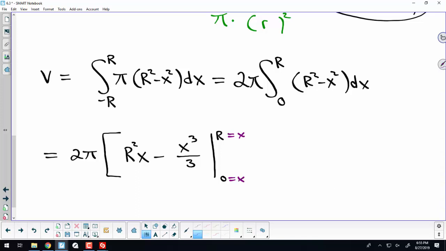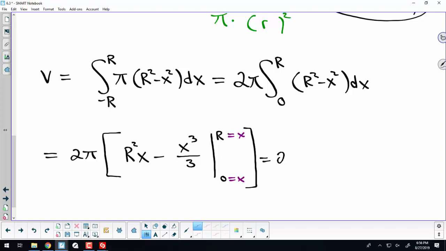Those are going in for x, not R. Okay, so when we utilize symmetry, the nice thing here is the bottom limit plugged into our antiderivative is just 0. So it makes the computation a lot easier.